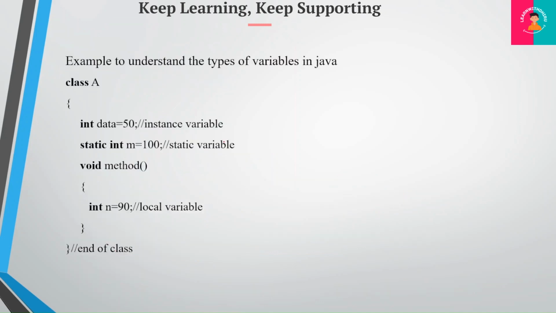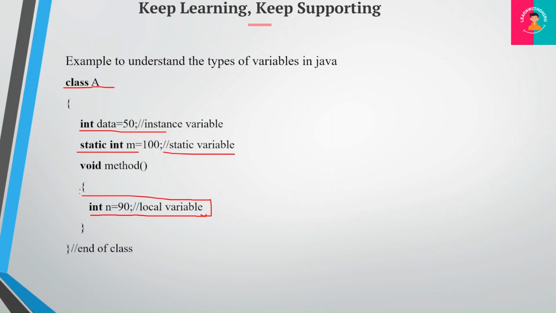So here, this is my class name. Inside the class I have declared int data equal to 50, and this is the instance variable. Any variable declared with the keyword static is known as a static variable, and it can't be local. If a variable is declared inside the method, then it is a local variable.